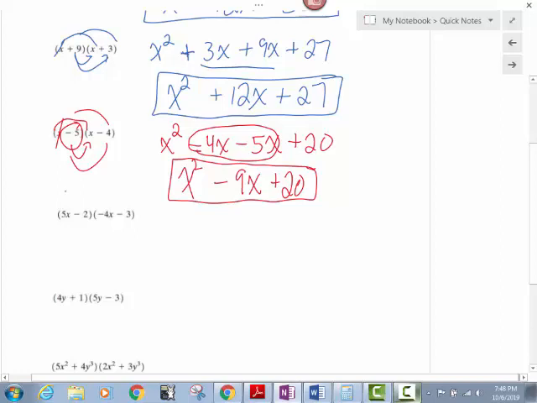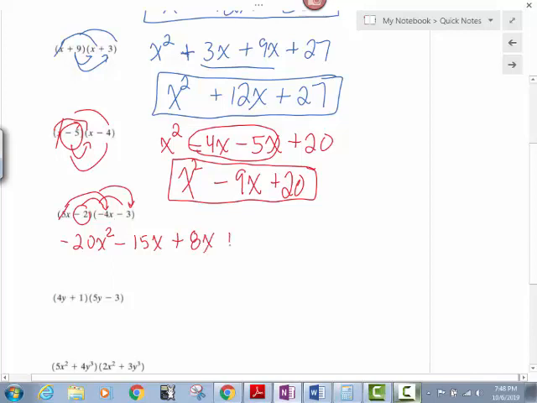Righty. So continuing, 1 and 2. So let's see, 5x times negative 4x is a negative 20x squared. Okay. 5x times negative 3 is a negative 15x. So I've used that one. So negative 2 times negative 4 is a positive 8x.